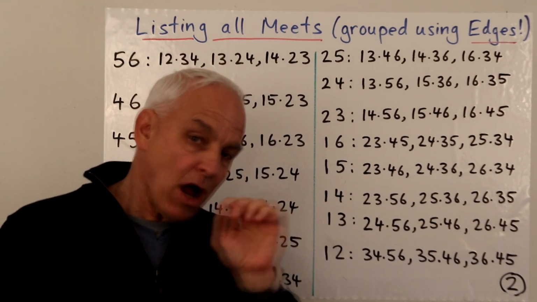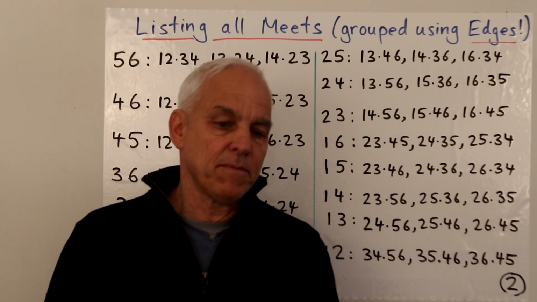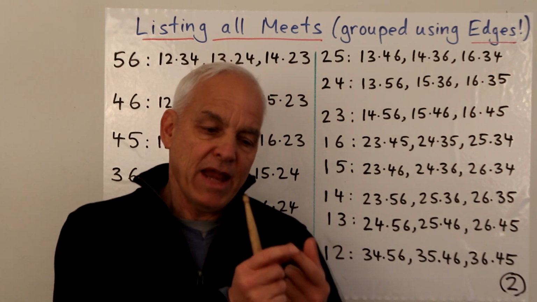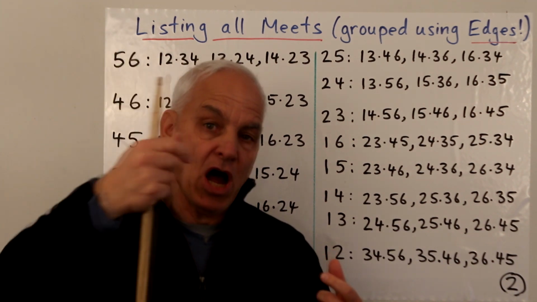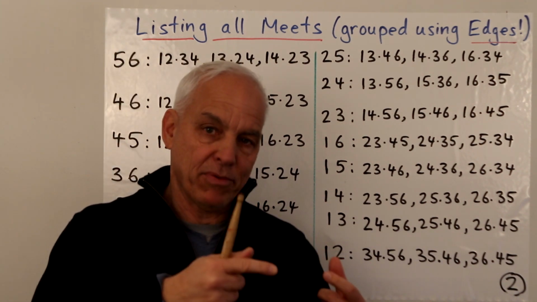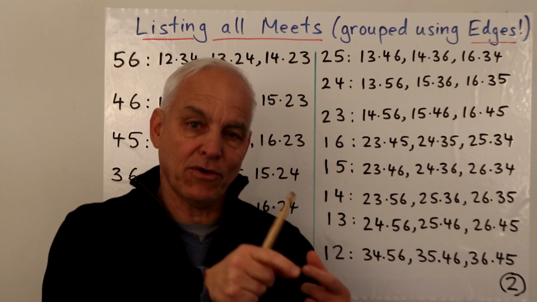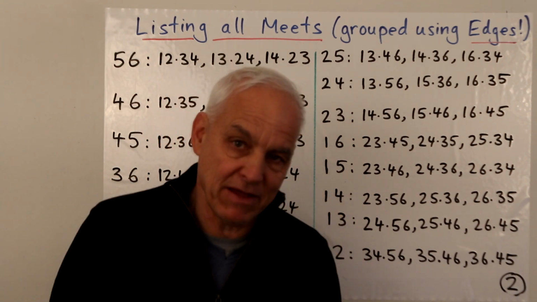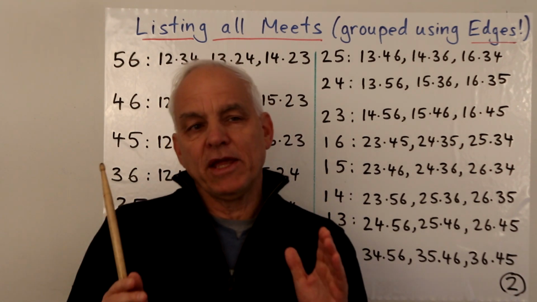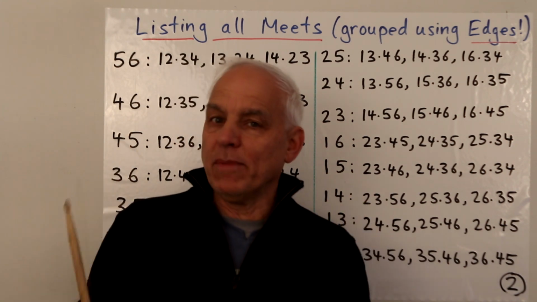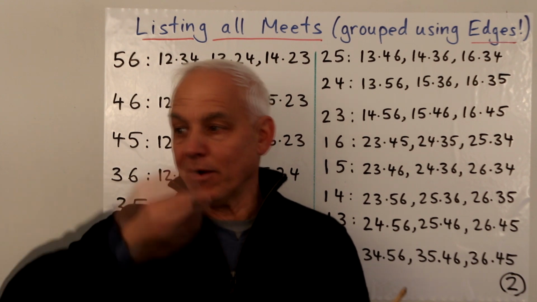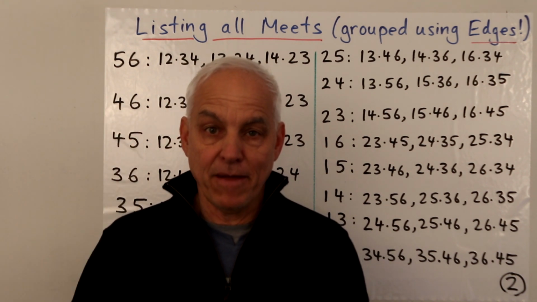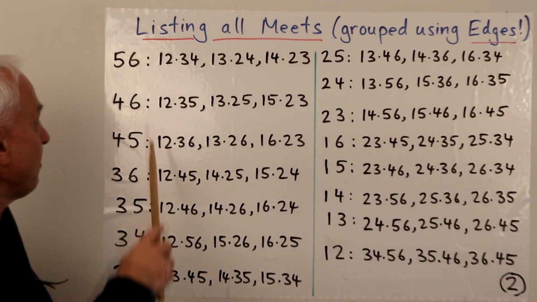I'm going to use that observation that we just made, that given any meet, there's a unique edge which does not overlap or is not incident with either of the edges contained in that given meet. So that means we can organize all of the meets by the associated edges which are not contained in them.